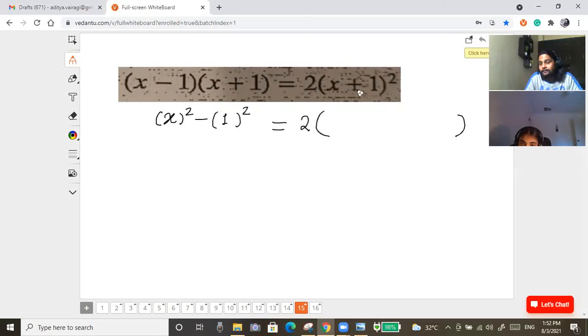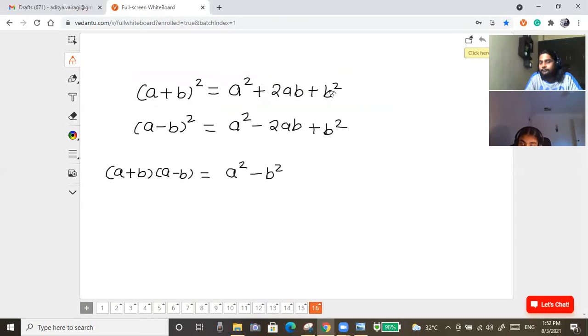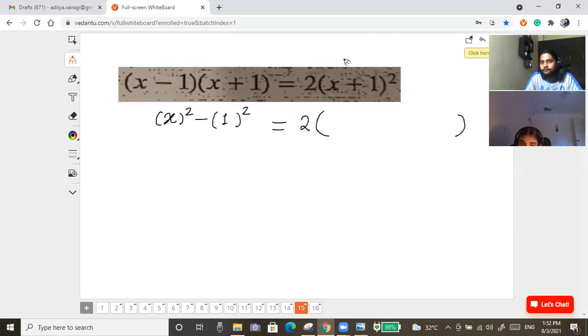Within the bracket, we can expand it using this formula, (a plus b) whole squared. The formula is a squared plus 2ab plus b squared. b is 1, right? So b squared means 1 squared. I'll tell you another way also. This is the simpler, shorter way I'm telling you right now.